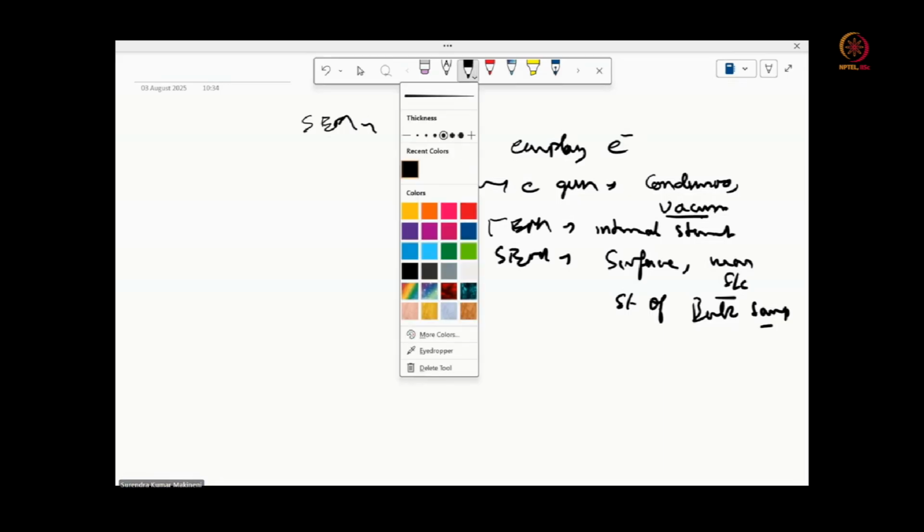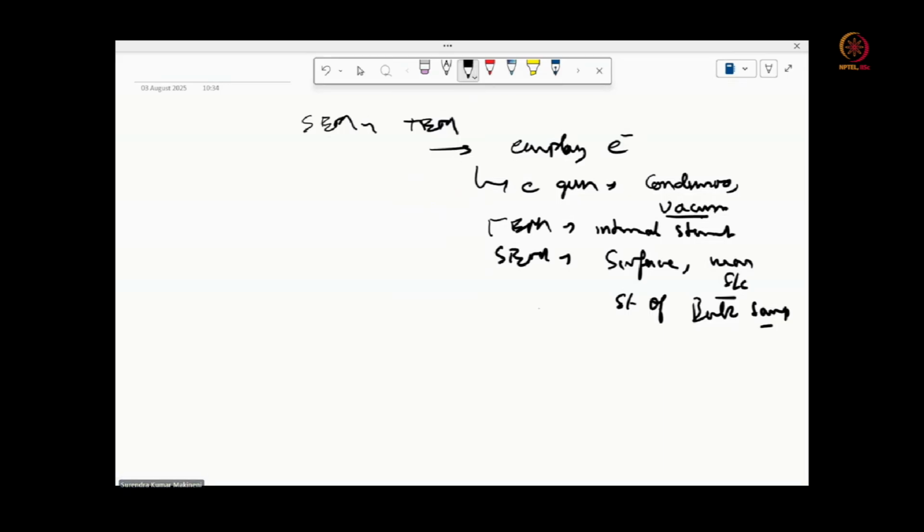Now here in SEM, the electron gun can be similar to TEM, can be thermionic, can be field emission. The electrons are accelerated between 1 kilo electron volt and 30 kilo electron volt.